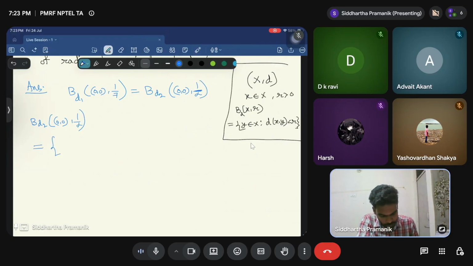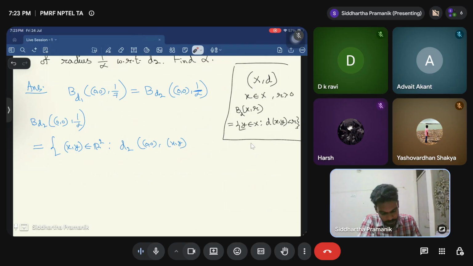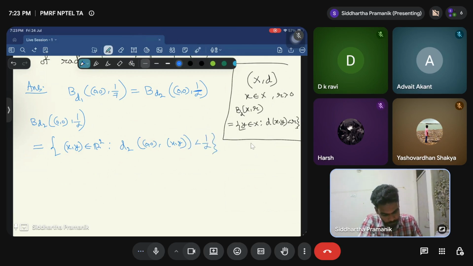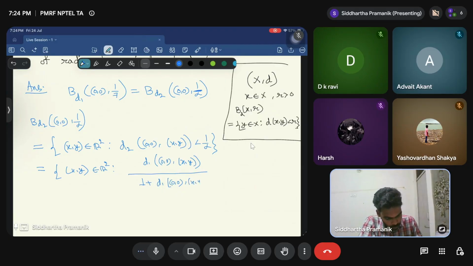By definition, this is all points from R2 such that the distance from the origin is less than 1 by alpha, so all points (x, y) such that d1((0, 0), (x, y)) over 1 plus d1((0, 0), (x, y)) is less than 1 by alpha, right?